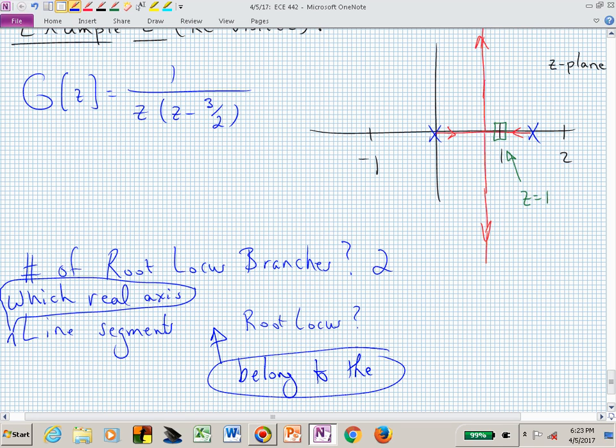And now we want to know which of those 3 actually have the root locus living on them.